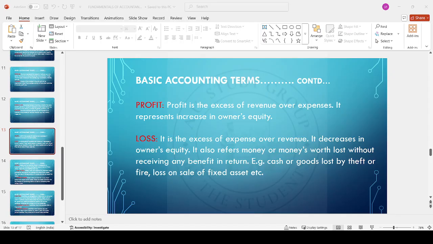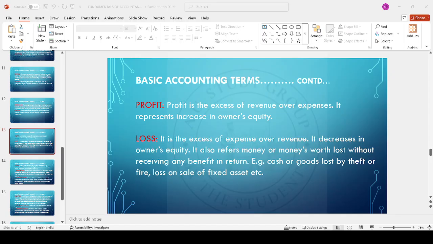So your revenue was 1 lakh, but your total expenses were 1,10,000, then you are making a loss of 10,000 rupees. This term is also used when you lose money because of theft, or due to events like fire. Loss in fire is also considered a loss.